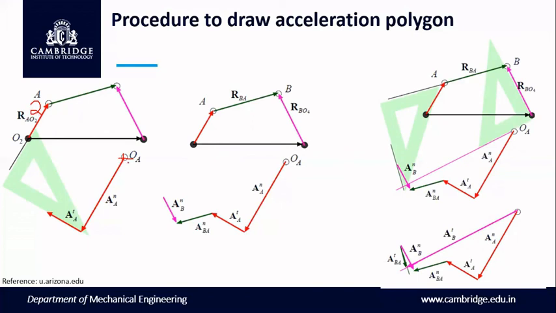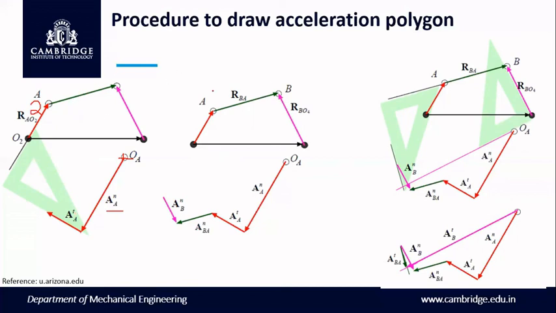So draw parallel to link 2 the normal component of acceleration of point A, for which the magnitude will be known. Then draw a perpendicular line to the normal component to get the tangential component of acceleration of point A, for which we know both direction and magnitude.